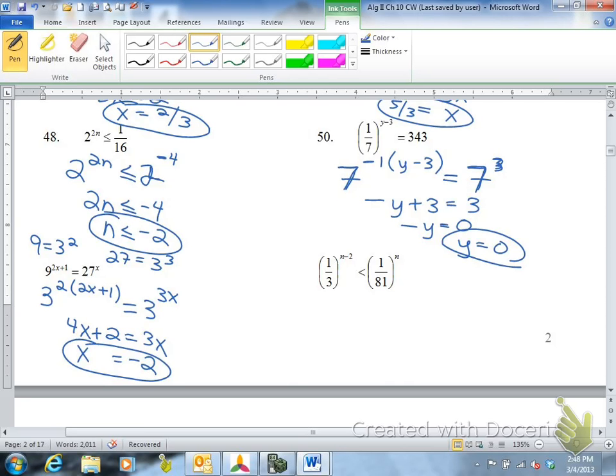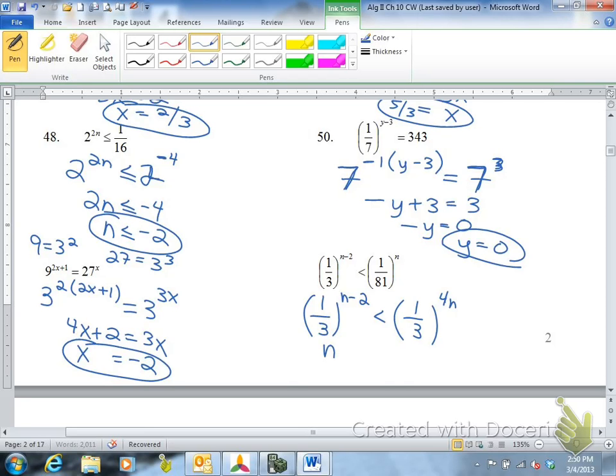And the last one, I'll show you the answer, so pause the video and see if you can do this one entirely. There are a couple of different ways you could do it. If you change the 1/81 to 1/3, it would be 1/3 to the 4th. You could change both sides to a base of 3, and you'd have 3 to the negative 1, and 1 over 81 is 3 to the negative 4.